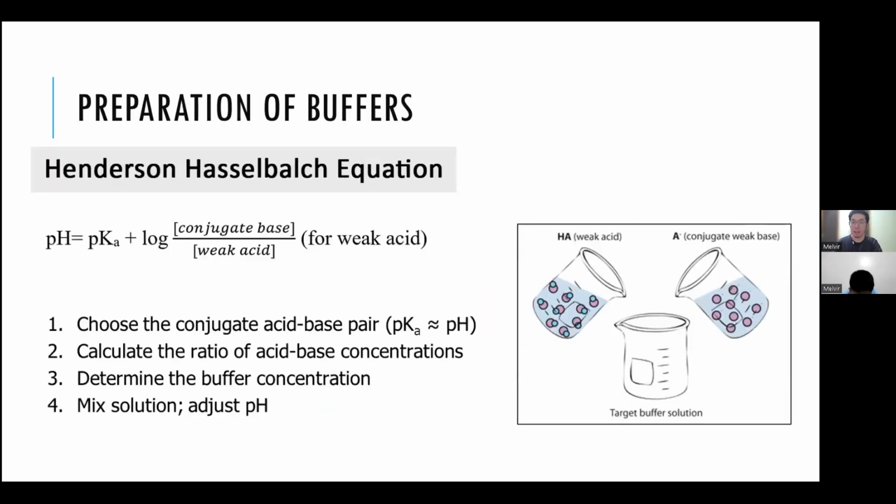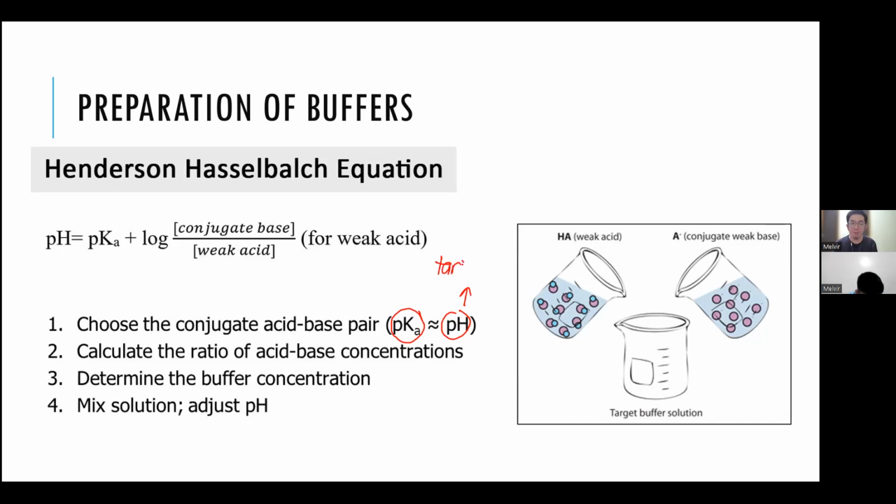Last meeting, dito tayo nagtapos: how we will prepare the buffers using the Henderson-Hasselbalch equation. Like what I mentioned, number one, know first your target pH. Pag alam mo na, hahanap ka ng weak acid na ang pKa niya ay near sa target pH mo.